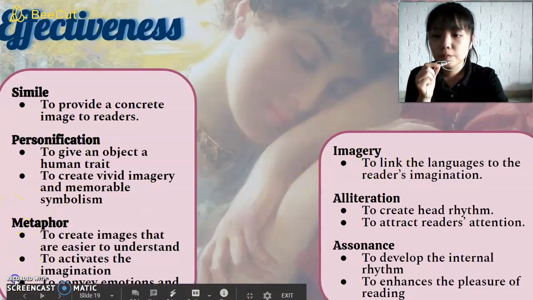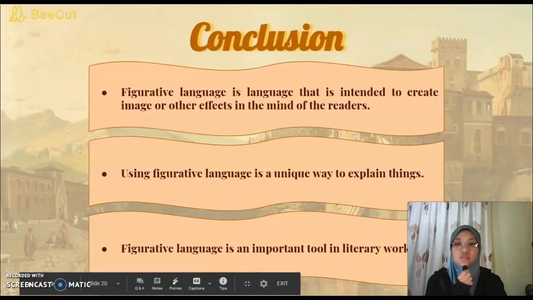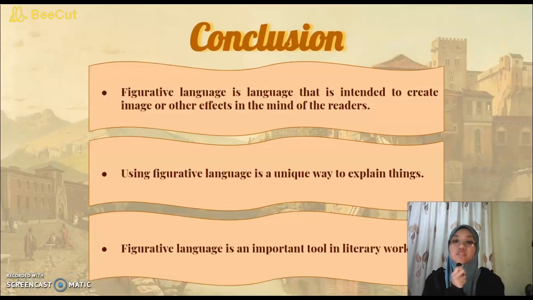Thank you. So, as a conclusion, we can say that figurative language is language that is intended to create images or other effects in the minds of the readers so that they can have a deeper and better understanding of the poems. When a writer or poet uses figurative language, they are actually trying to give a fresh and unique way of explaining something to the readers.